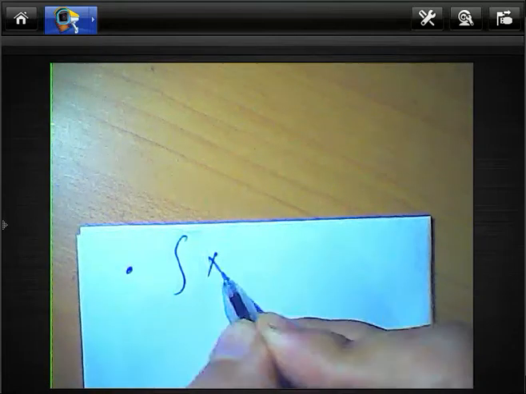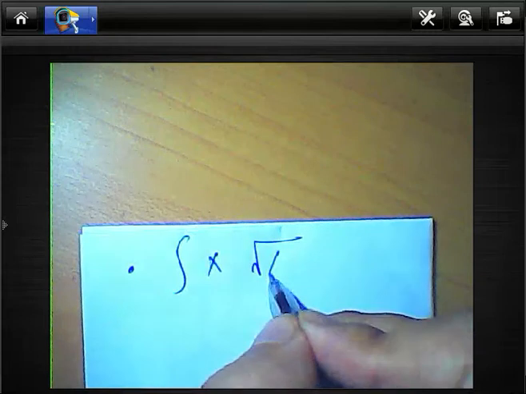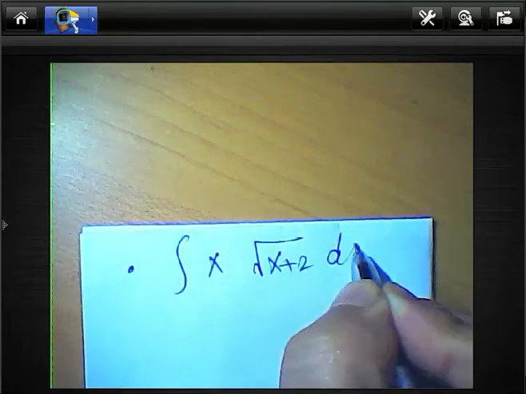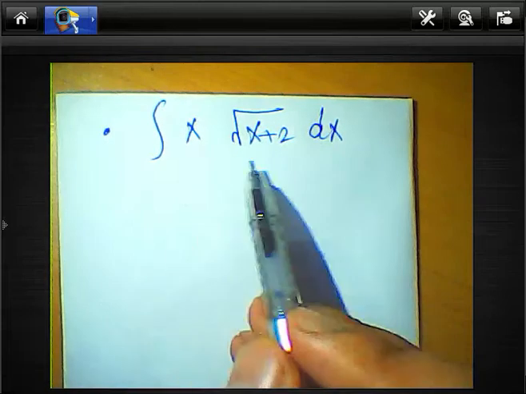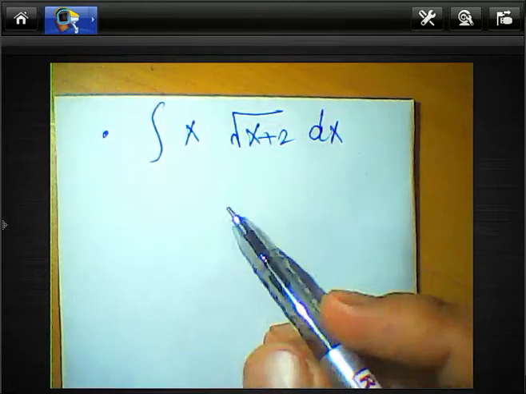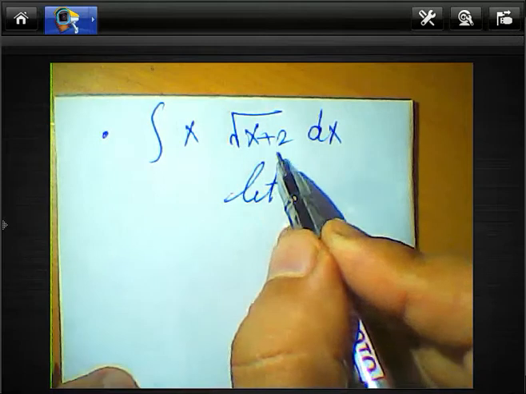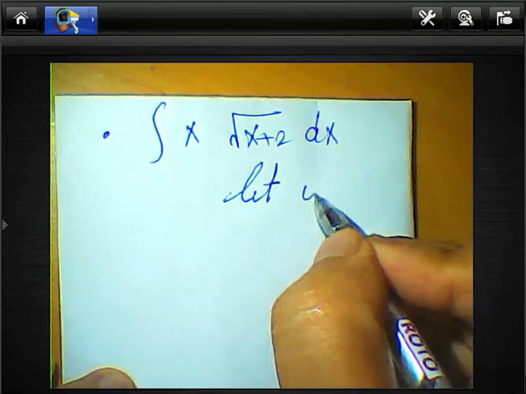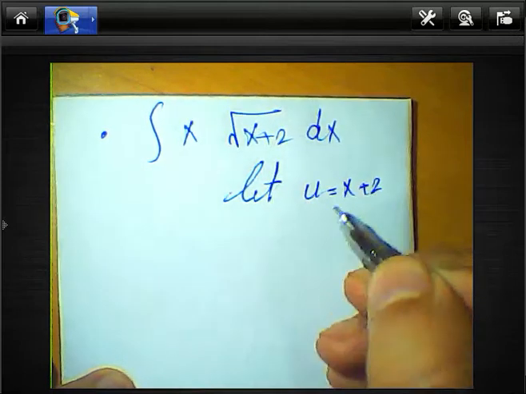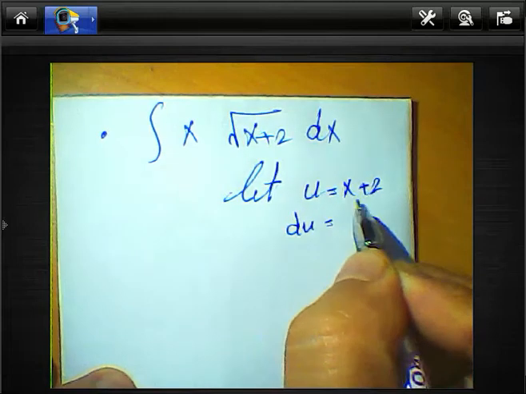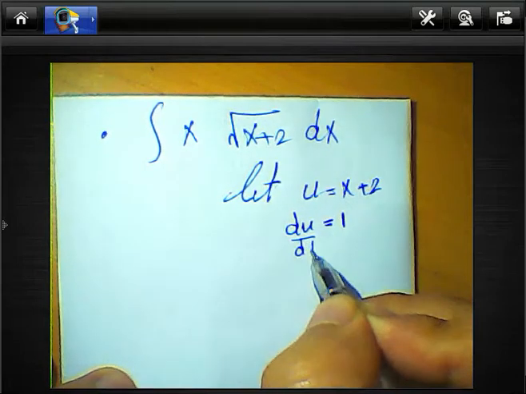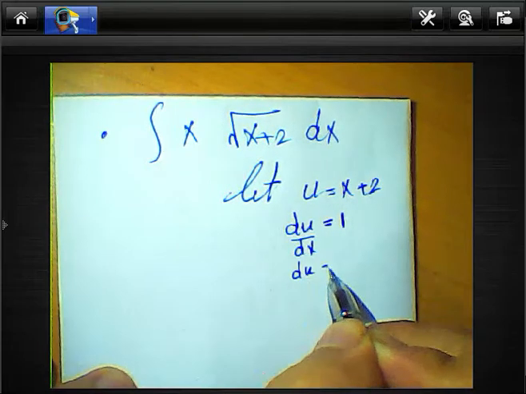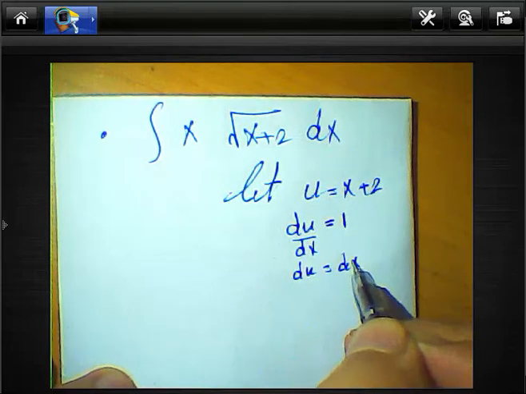Another example, we want to find the integral of x multiplied by the square root of x plus 2 dx. In this example, we must let x plus 2 equal u, so u equals x plus 2, so du equals 1 multiplied by dx, because du over dx equals 1, then du equals dx.